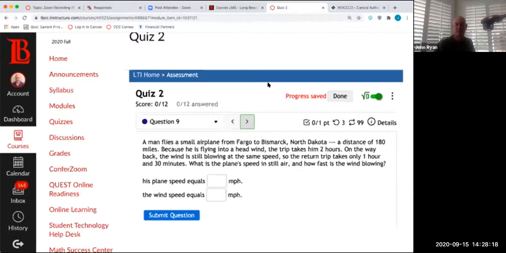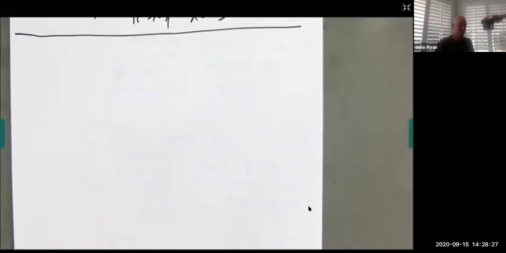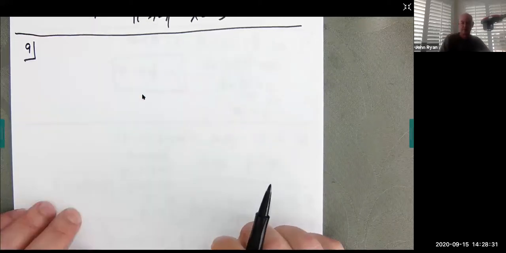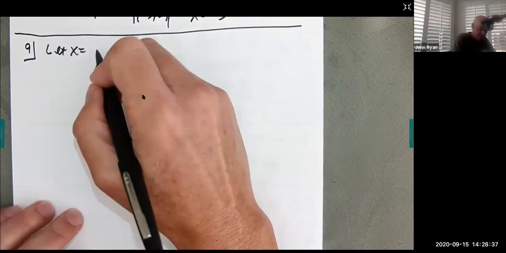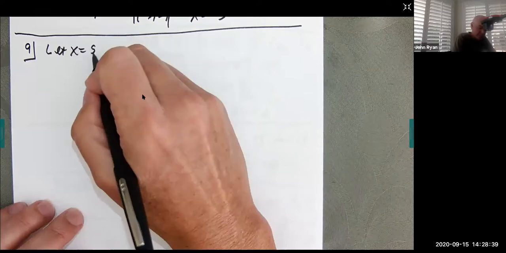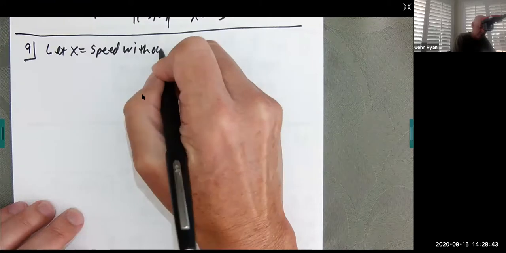Here we go. All right, so for number 9, you can see we're looking for 2 different things, and I'm going to start off by letting x equal the speed of the plane without a wind.